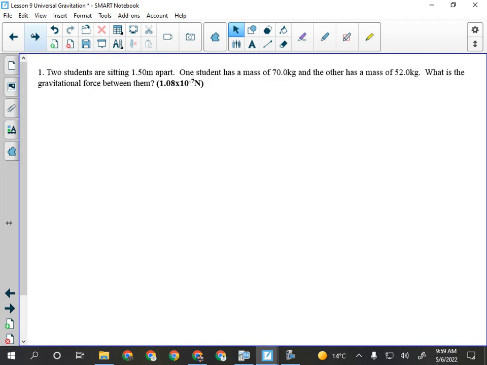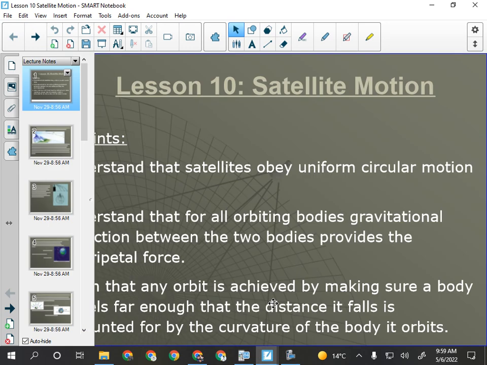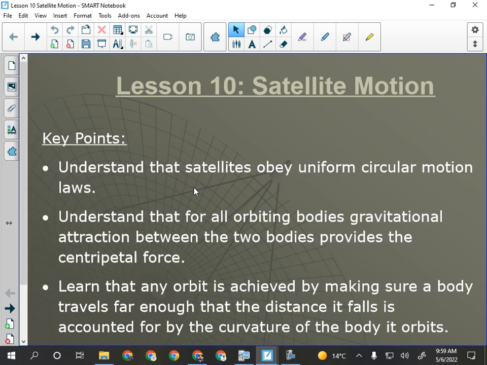All right, let's talk about satellites. So we can find lesson 10 in your notes package. That is what we're going to be going over. So yesterday, we calculated the speed of the moon as it orbits the Earth.